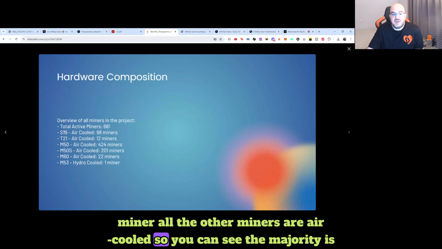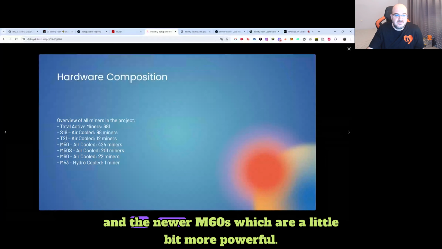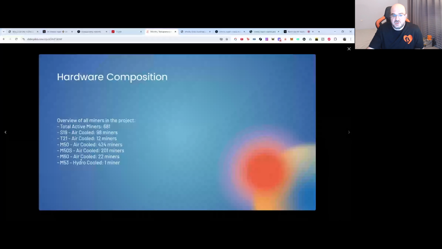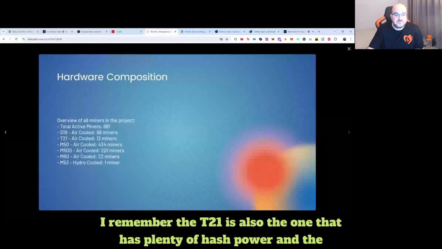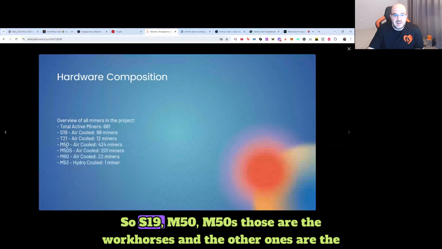All the other miners are air-cooled, so you can see the majority is M50, like I said, and the M50S, total 625 miners, and the newer M60s, which are a little bit more powerful. I remember the T21 is also the one that has plenty of hash power, and the majority of S19 again, which is a dependable model like the M50.